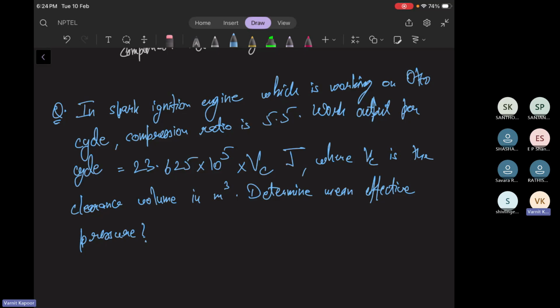Shanmugam, are you able to get the answer? 5.25 bar.